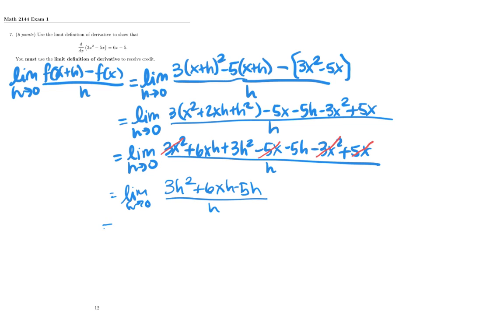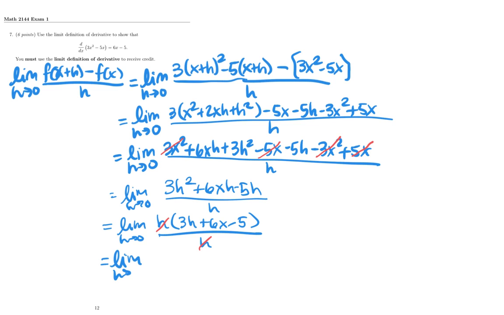Now I can factor out an h from the top. So I'll have 3h plus 6x minus 5, all over h. Now h divided by h, that divides to make 1. So what we're left with is the limit as h goes to 0 of 3h plus 6x minus 5.